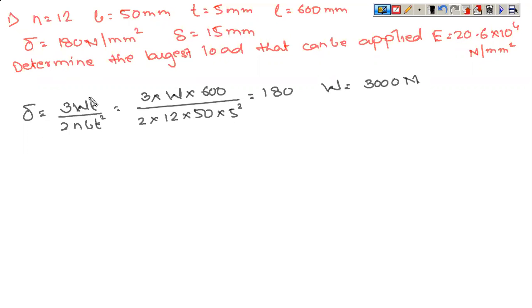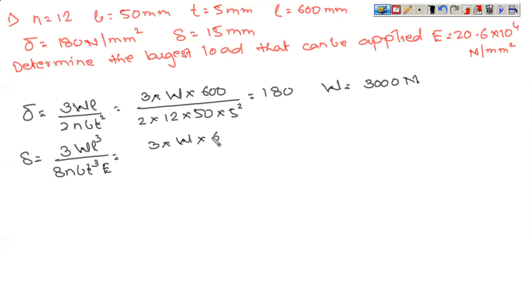Now again, you know the value of delta also. So delta is given by 3WL cube divided by 8nbt cube E. So now again, 3 into W is not known to you.